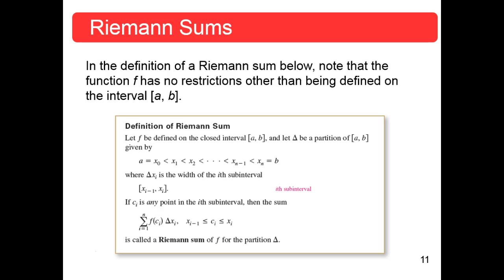Where your delta x of i is the width of the ith subinterval from x of i minus 1 to x of i, okay? If c sub i is any point in that ith subinterval, then the sum, summation i equals 1 to n of f of c sub i, delta x of i, as x of i minus 1 less than c, so sorry, I kind of sneezed.